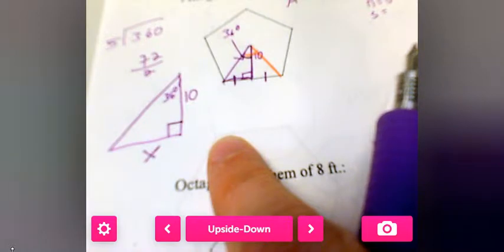I'm trying to find another side, and it's a right triangle. Trigonometry. And I'm going to label 10 as my opposite, adjacent, or hypotenuse. Adjacent, and x is my opposite or hypotenuse. Opposite. And so now I have to remember those fancy words, SOHCAHTOA.